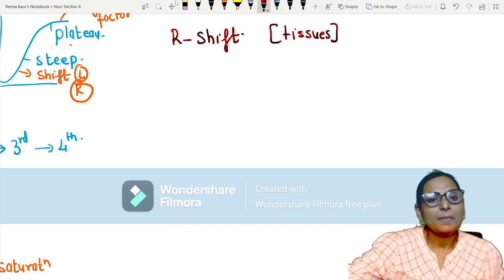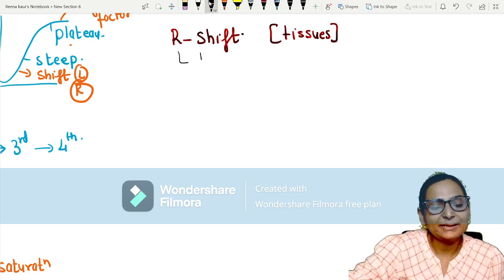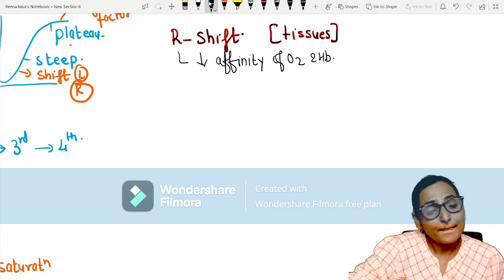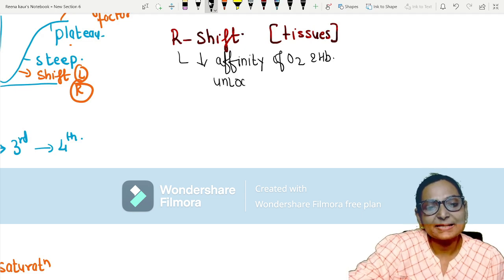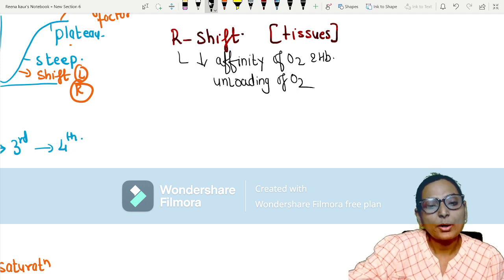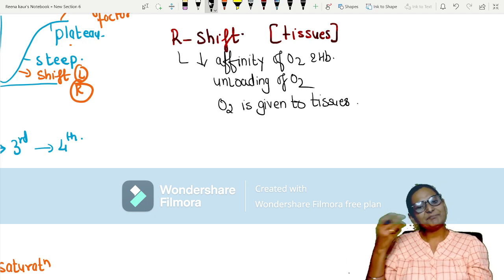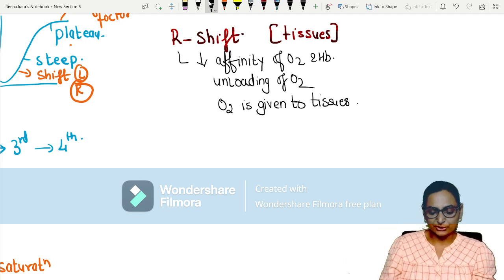Now right shift means that there is a decrease in the affinity of oxygen and hemoglobin, or you can say that there is unloading of oxygen, or that oxygen is given to tissues. Now just imagine, when will you need to give the oxygen to the tissues?